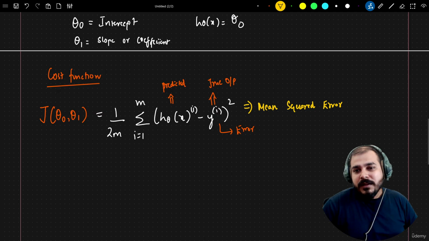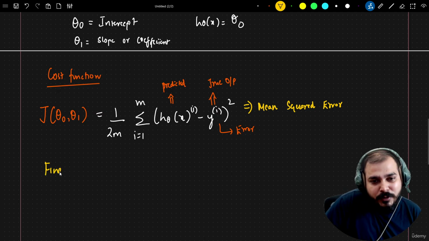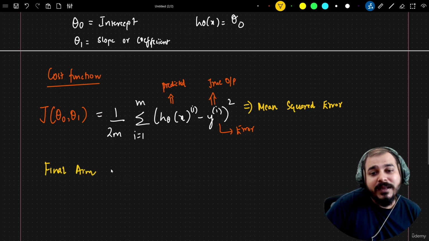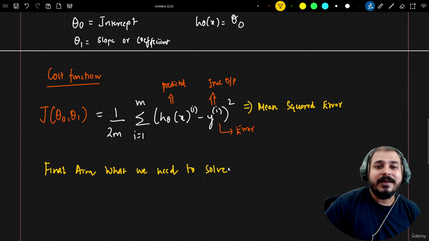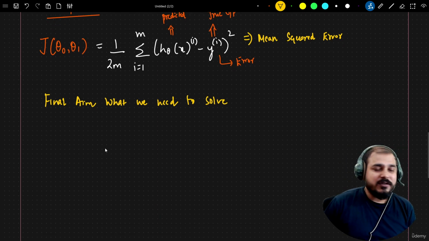So what is our final aim? I'm just going to write out the final aim, what we need to solve. This is super important, and this is why I've used the cost function.